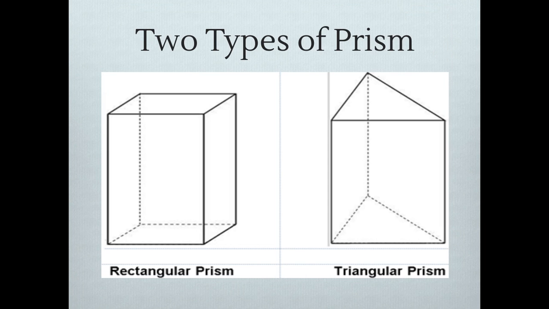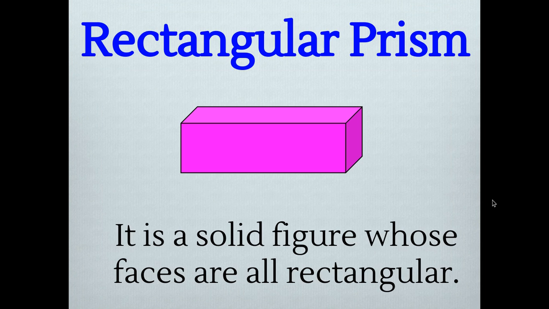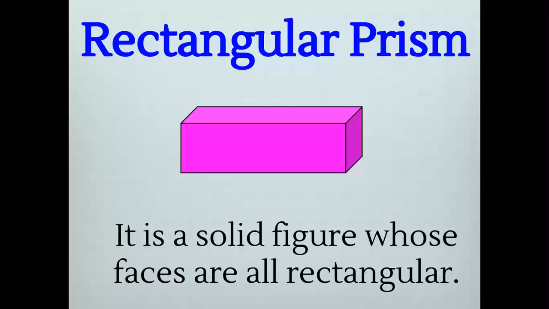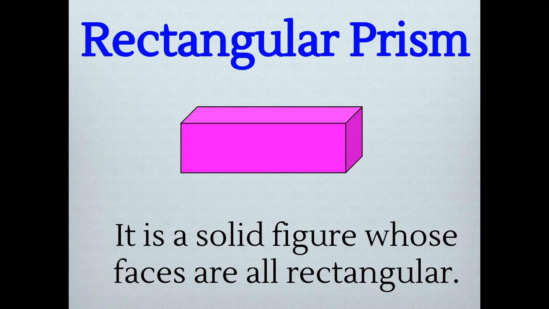For our purposes in grade 4, we are only going to be learning about two types of prisms: a rectangular prism and a triangular prism. Rectangular prism. It is a solid figure whose faces are all rectangular. So with a rectangular prism, all faces are rectangles.